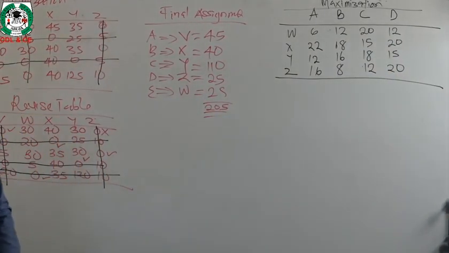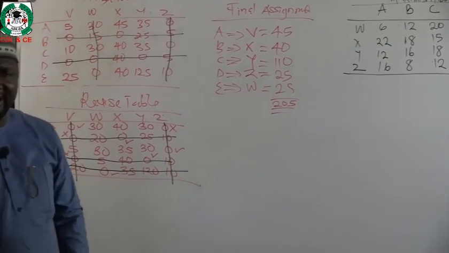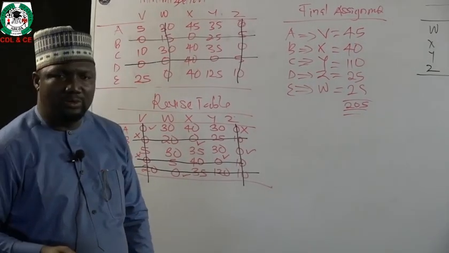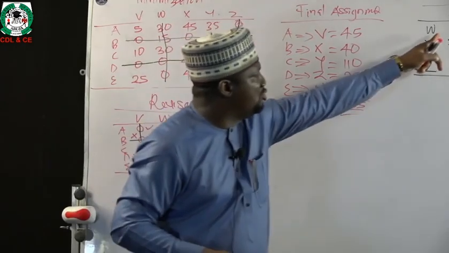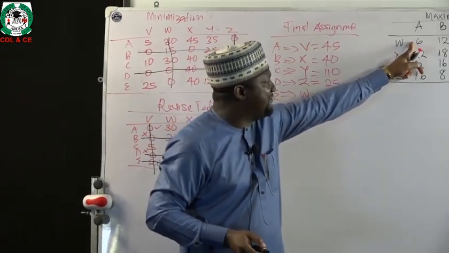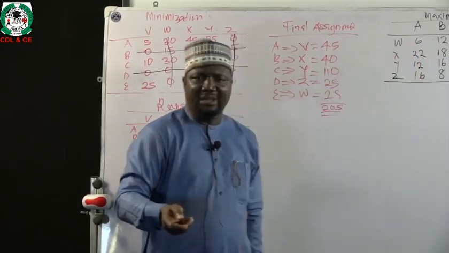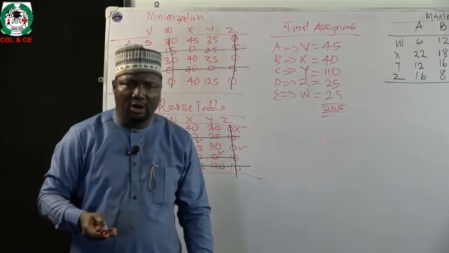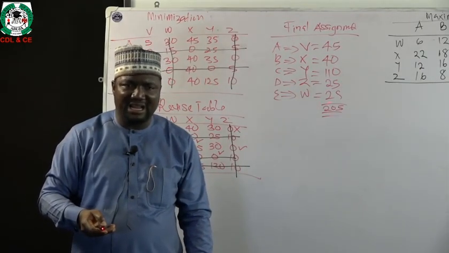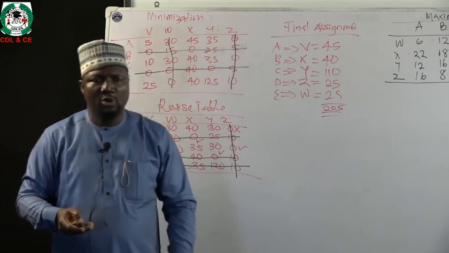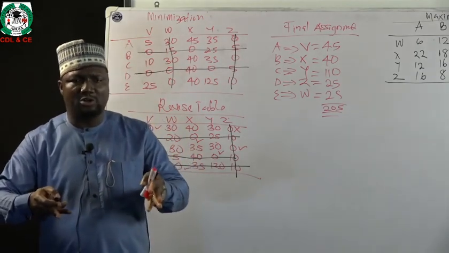So you can see throughout, 22 is the highest value. Then we subtract everything away from 22. Then we get a new matrix called the opportunity matrix, as highlighted on the screen. What you have there is the opportunity cost matrix.